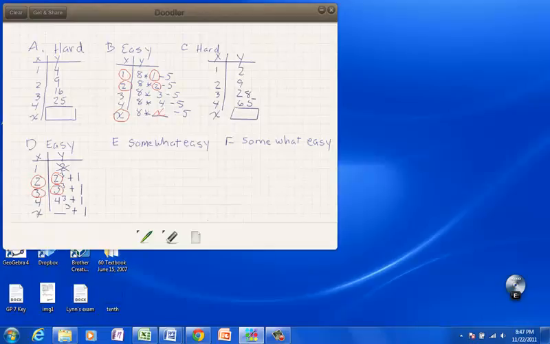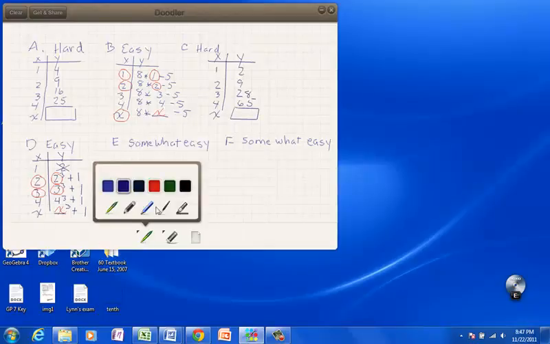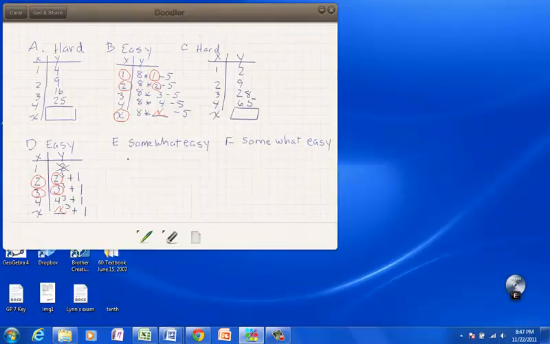So when we get down to x, it should match this output number over here. Again, D is considered an easy table, and I hope you can see how that pattern keeps repeating. Now let's see why E is a somewhat easy pattern.